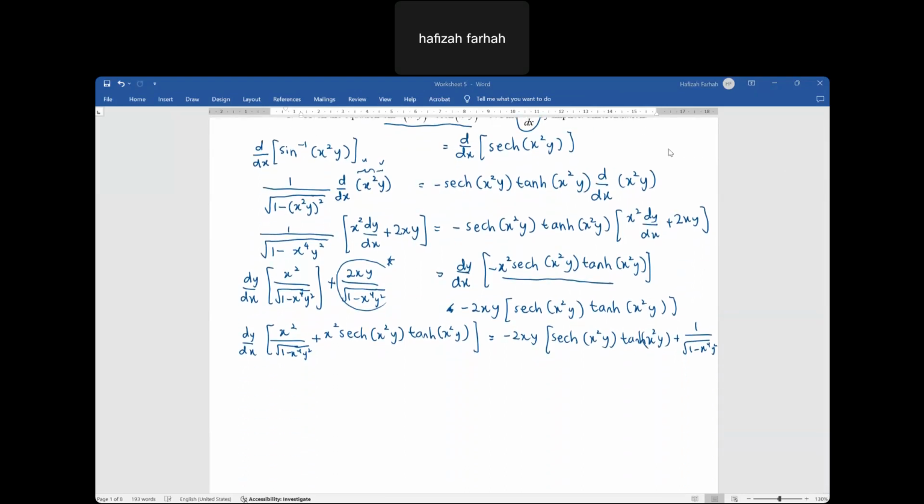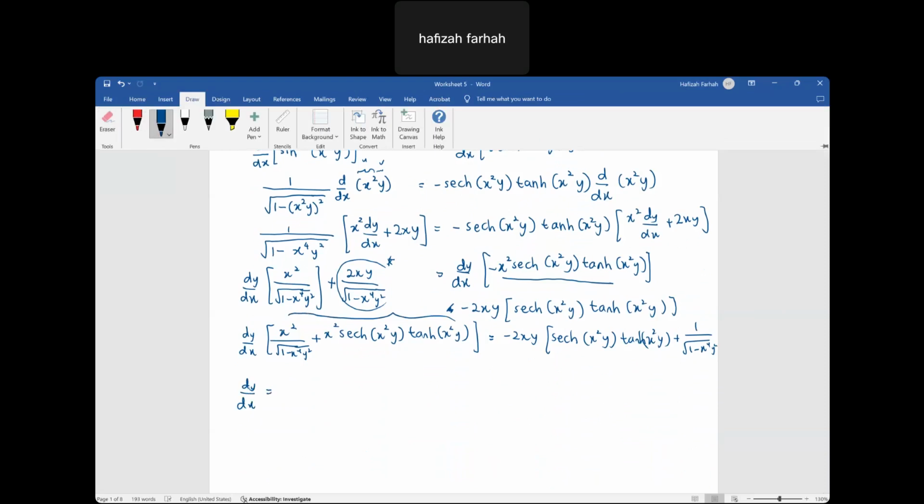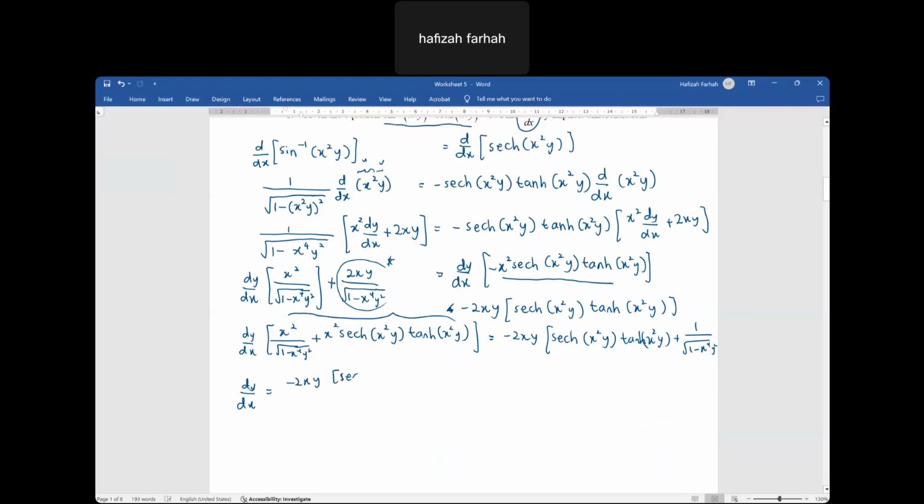Now we can simplify this. So dy/dx will be equal to, I move all this to the right hand side, negative 2xy secant hyperbolic x squared y tangent hyperbolic x squared y, over, you notice here that we have the same x squared, so I will factor x squared out.